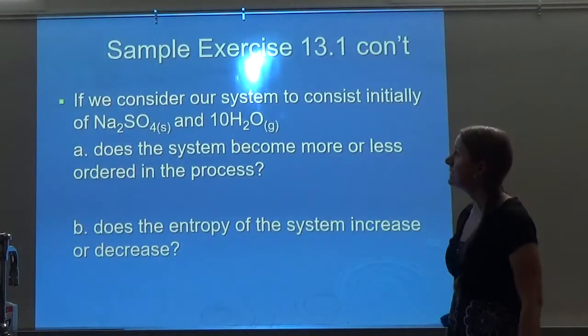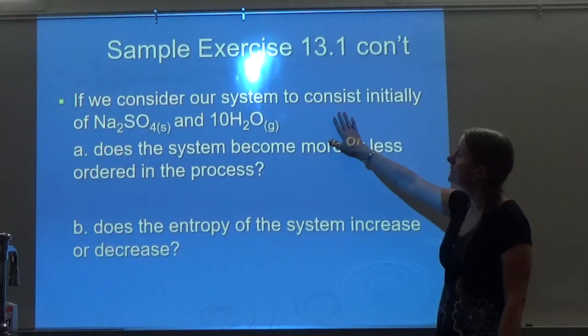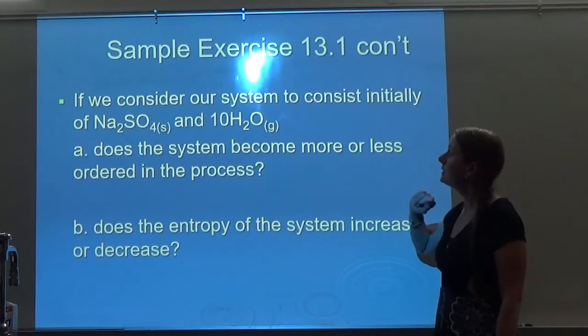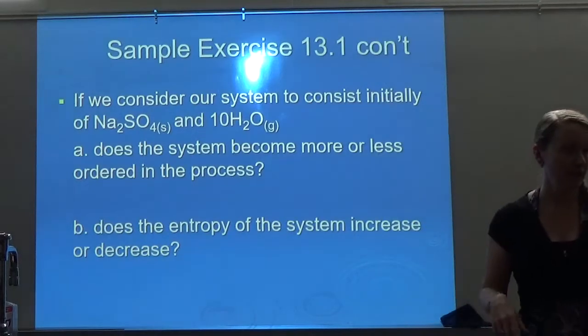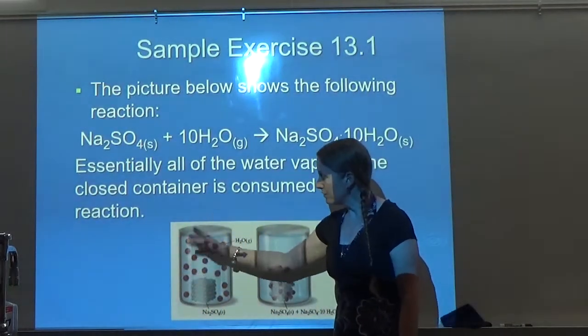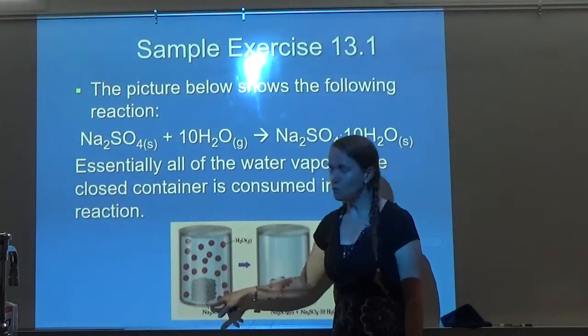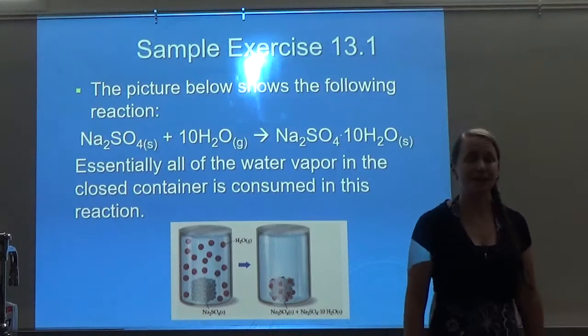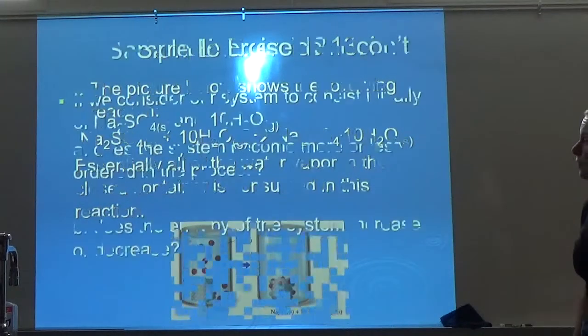So our question says, if we consider our system to consist initially of our solid and our water vapor, does the system become more or less ordered in the process? Well, let's look back at our picture. Here I have gas particles everywhere, all spread out, and then I have this orderly solid in the middle. Here, everything is an orderly solid, so everything's orderly at that point.